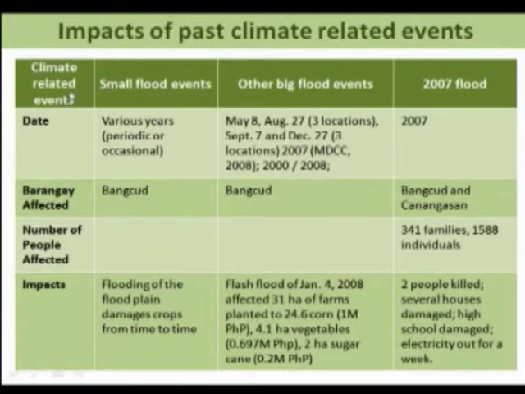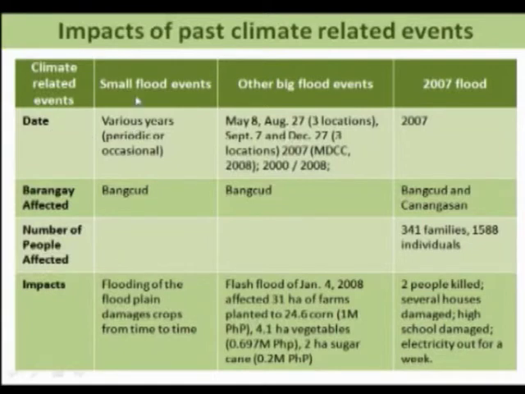The first thing that you do is to engage the participants in the focus group discussion to identify different climate-related events that have occurred in the past, such as, for instance, here, small flood events, other big flood events, and a particular flood event. And then, once they have identified that, you start asking them for specific information that is of relevance, such as the date of occurrence of these climate-related events.